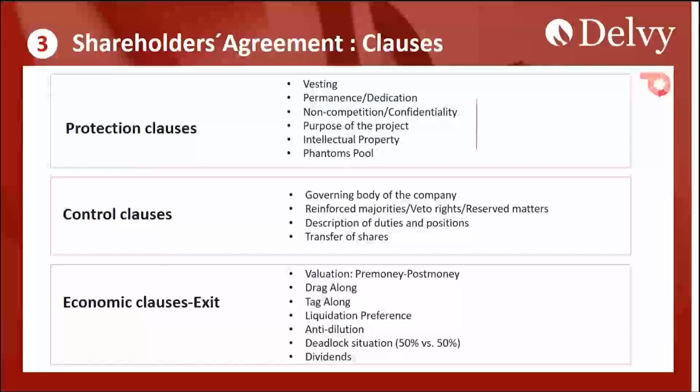What the liquidation preference says is that for the preferred investor, they will have the right to, in case of an exit, in case of a sale of the company, a preference right to receive the investment they have put in. And afterwards, the percentage of the company that they have.